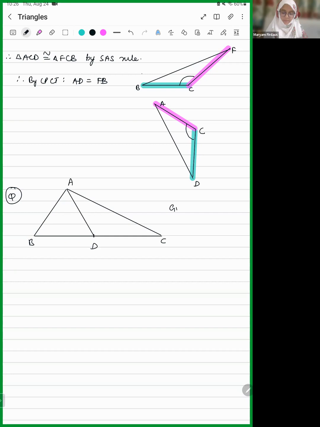So given, BD equals CD. AD is median of triangle ABC. So that basically means BD is equal to CD.